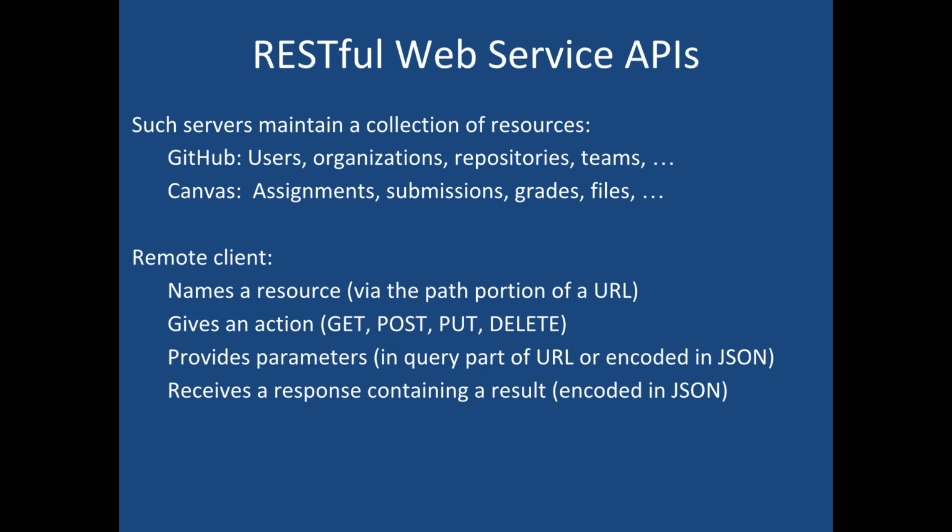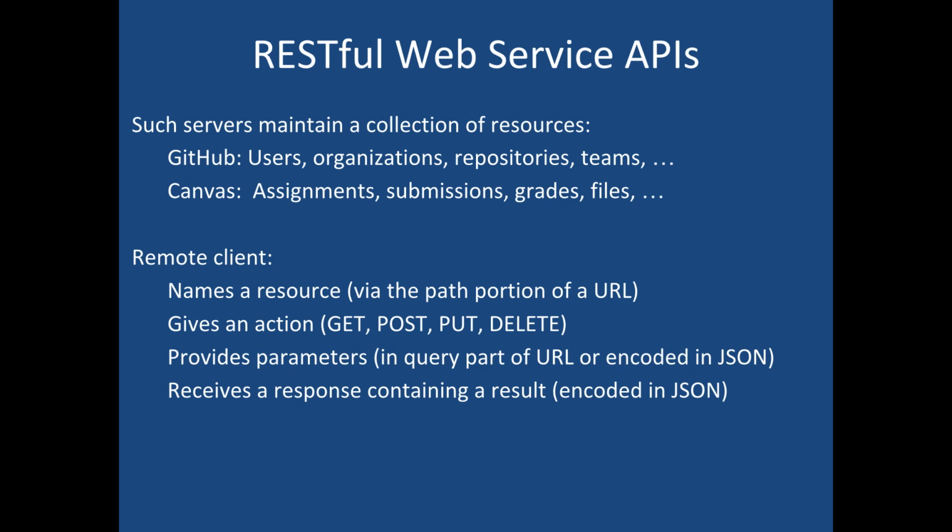And to use a remote API, you have to name a resource. Typically, the path portion of the URL names a resource you want to modify. So in the case of GitHub, the actual name of a repo would show up in the URL. Then you give an action to perform on that resource.